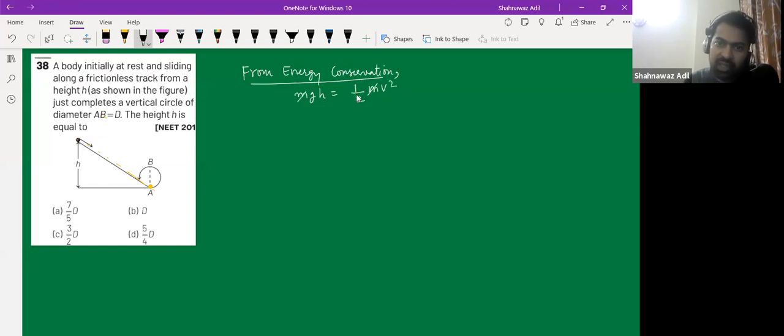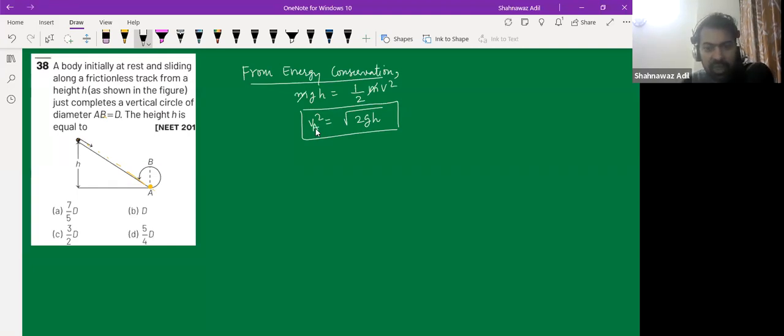So this m will cancel, and v square is 2gh, right? This is the velocity at point A.